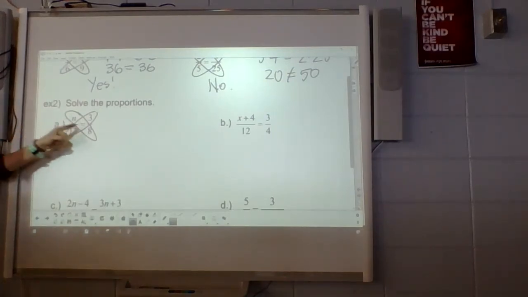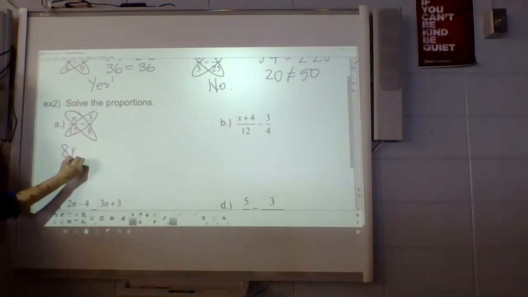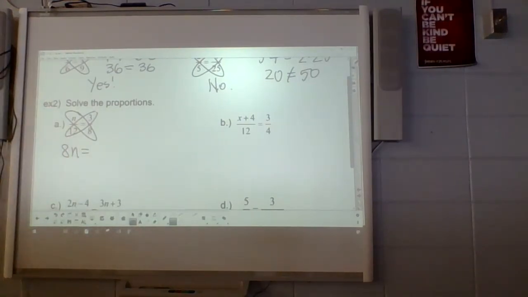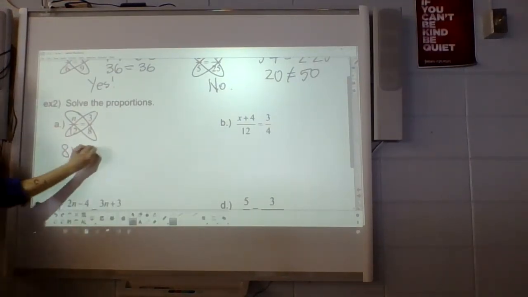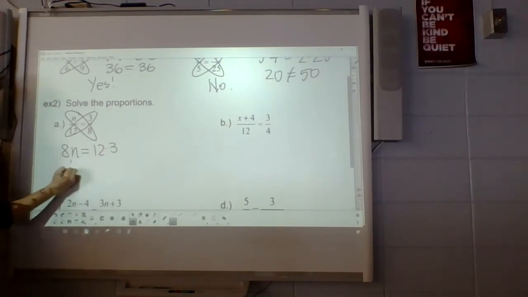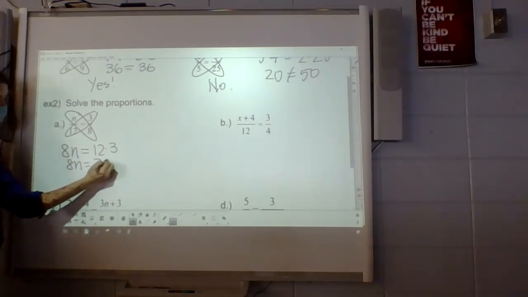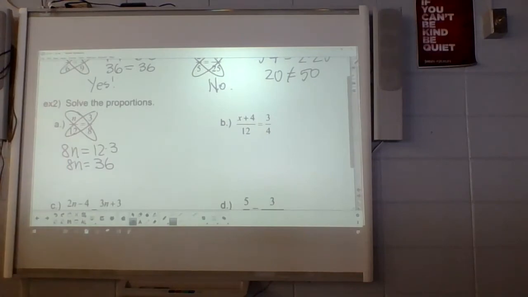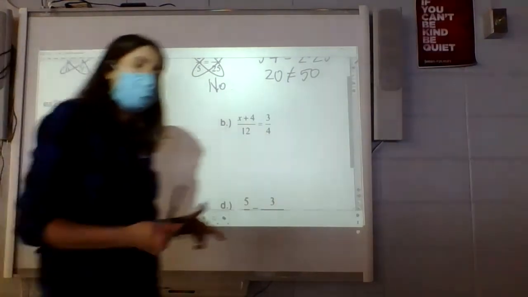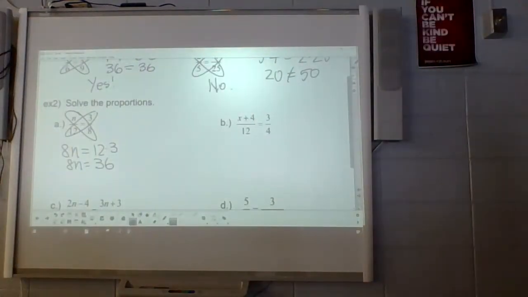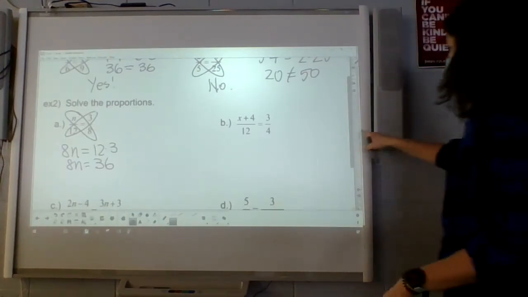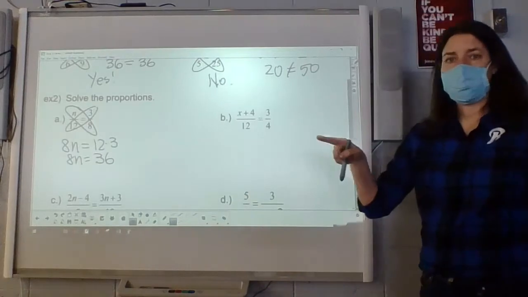So I'm going to multiply n times 8. So I'm just going to write that as 8n. And then I'm going to multiply 12 times 3. And that is 36. So now to get my n alone, I have to do what? What do I do to get n alone?